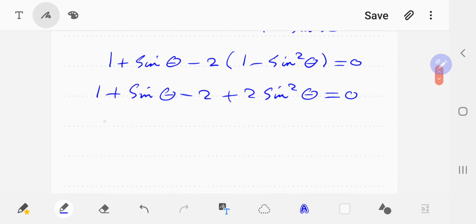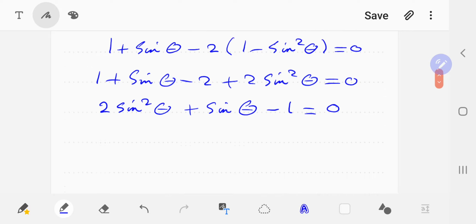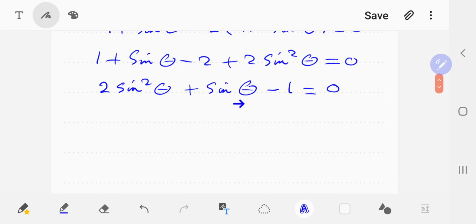Rearrange sine squared, so 2 sine squared at the beginning plus sine theta, 1 and negative 2, that's negative 1, equals 0. Now it is a quadratic form, so I can solve it by factorizing. So this means we will have 2 sine theta and sine theta.